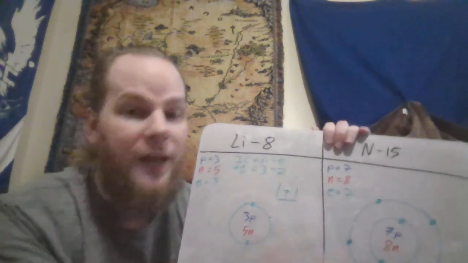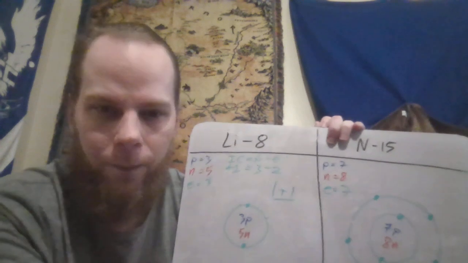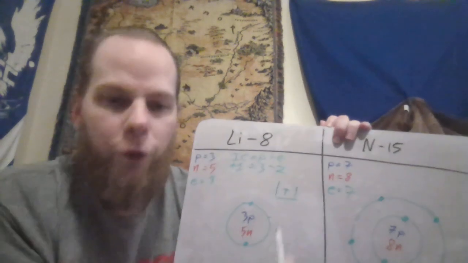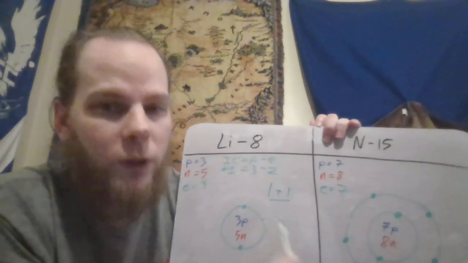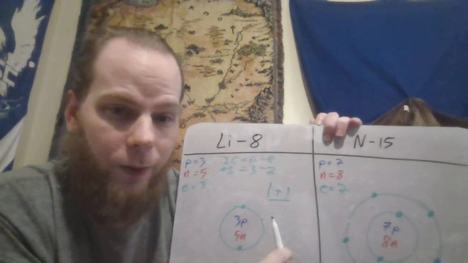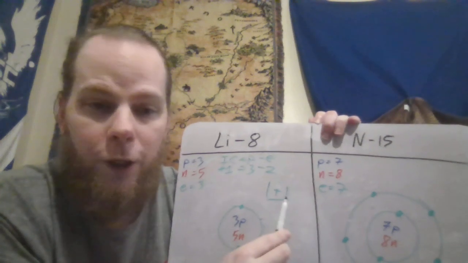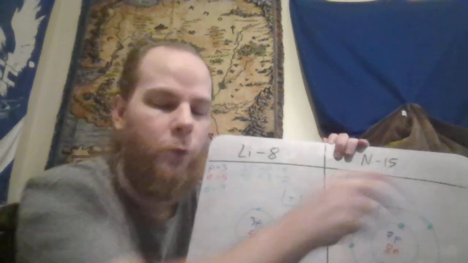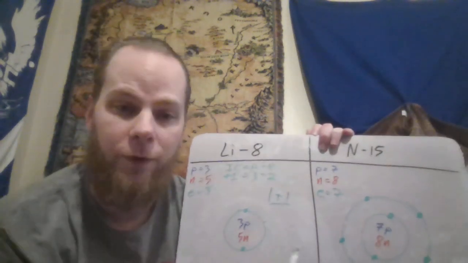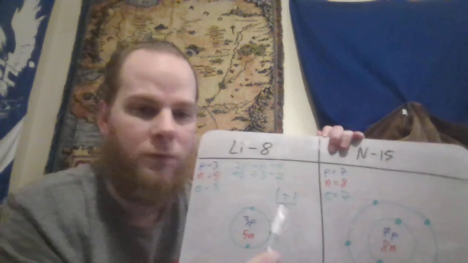So basically what it comes down to is when you're gaining or losing electrons, it's the opposite of what you're doing. Okay? The charge is 1 because 1 electron left. 1 electron moved, so the charge has to be 1. But is it positive or negative? Well, you lost 1 negative. That negative means it's the opposite. So because you subtracted 1, the charge is positive.